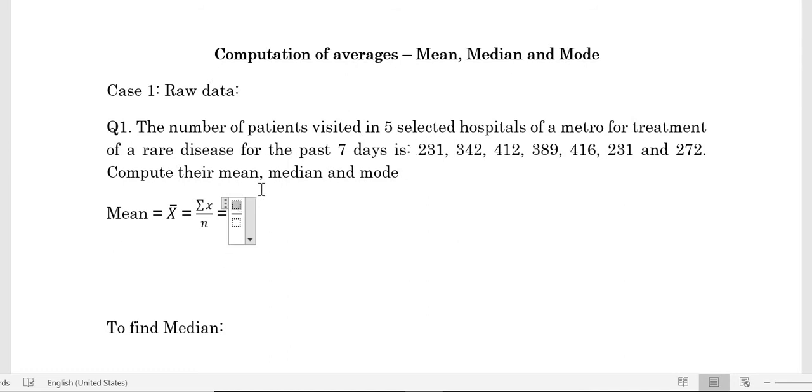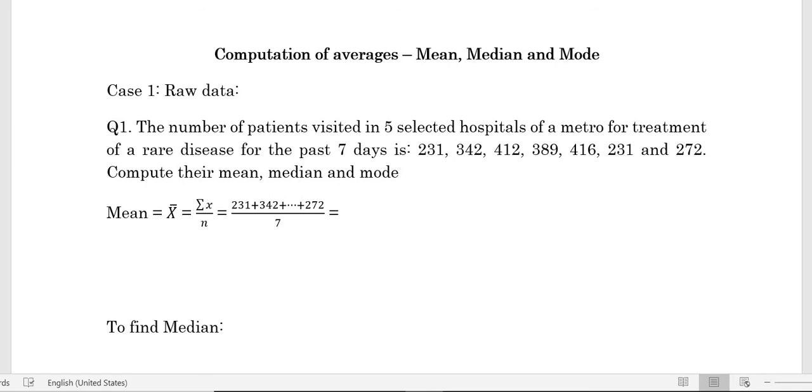Summation x is just the total of 231 plus 342 plus, you don't have to write the entire list. Let's just show how the calculation is. Last number is 272 divided by number of observations. So it is given that it's about the past 7 days. So we can write the denominator as n, right?